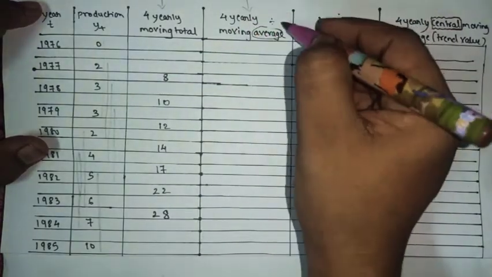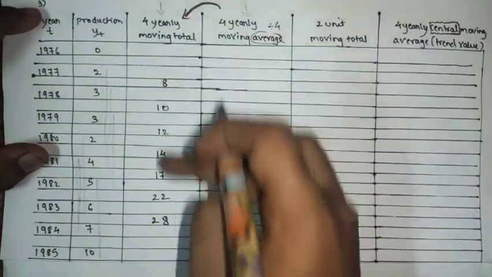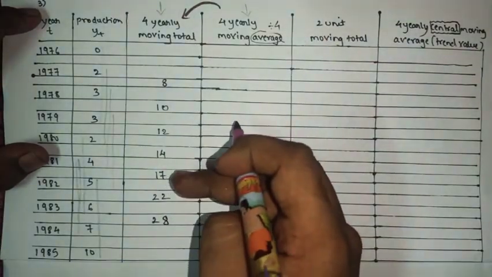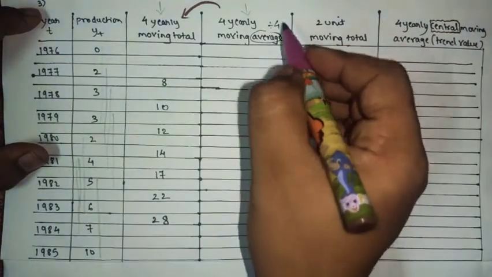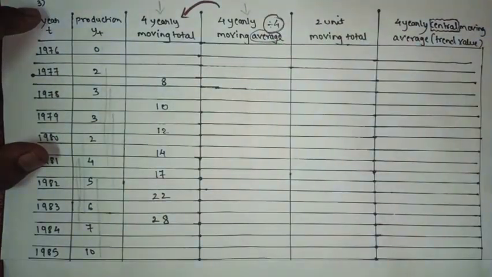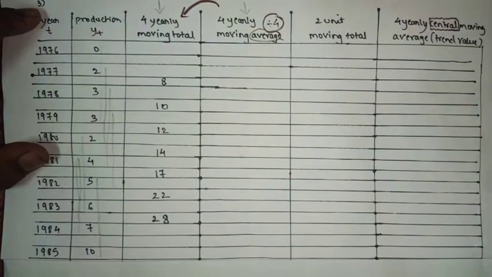So we have to divide this column. We have to divide each and every number of this column by 4, as it says 4 yearly moving average. So now we'll see what we will get.